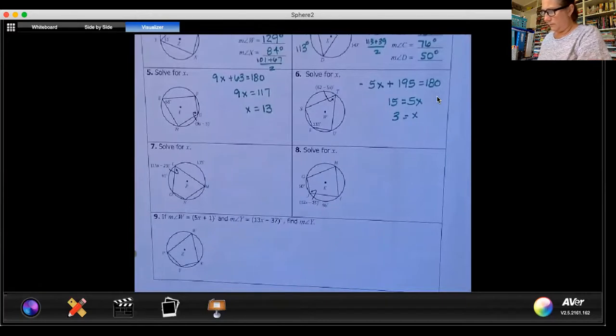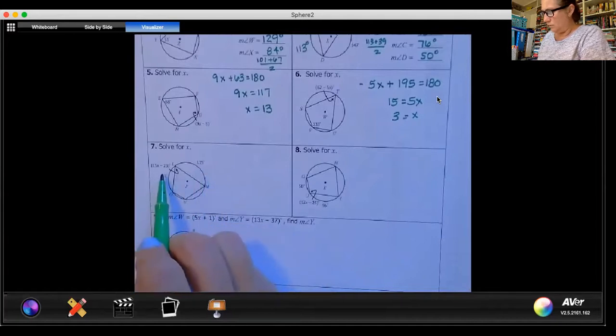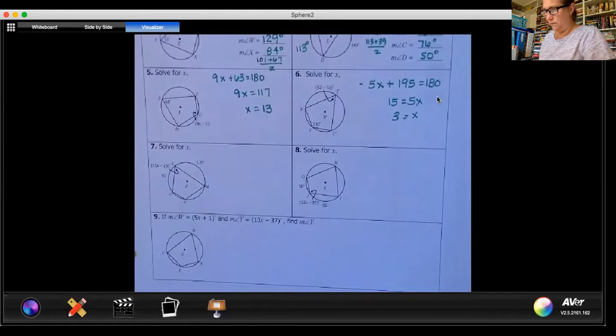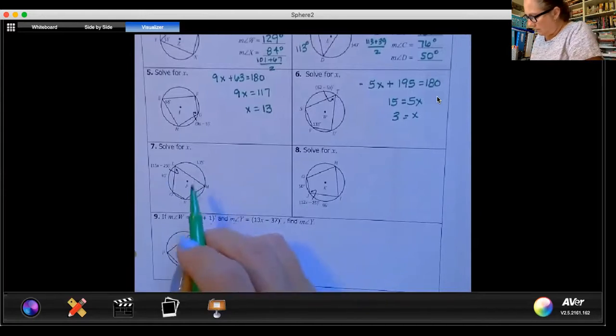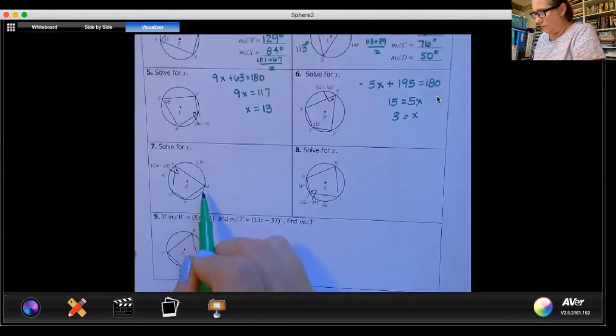And for problem number 7, we've got 135 here, we've got 15x plus 23 here, and we've got a 91 here. So 360 minus 91 minus 135 is 134. But let's see what we've got here, because these two together are going to have to equal 134.